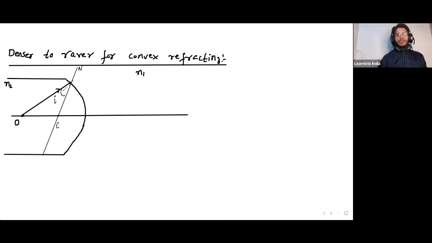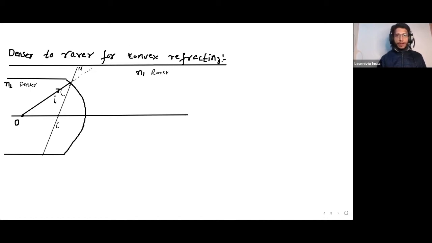Okay, just tell me, your ray is moving from denser to rarer. This is the denser medium and this is the rarer medium. So how will it bend? Will it bend towards the normal or away from the normal? Very good. It will bend away from the normal. How do you decide? If there was no refraction, this ray would have traveled in this direction.